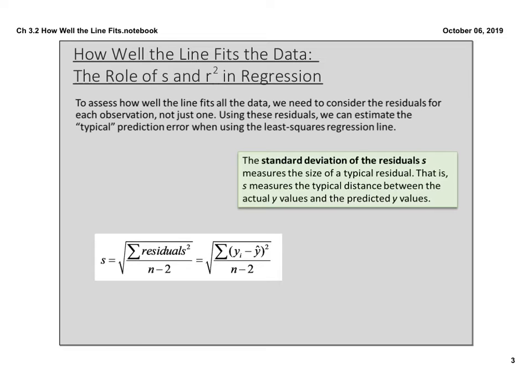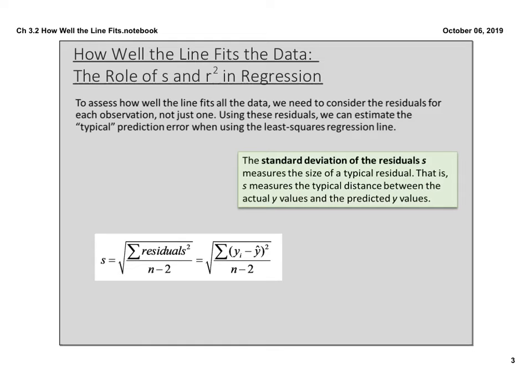One of the values that we're going to look at to determine how well our line fits our data is the S, the standard deviation of the residuals. The standard deviation of the residuals measures the size of the typical residual. So just like standard deviation in a normal distribution measured the typical distance away from the mean, standard deviation of residuals measures the typical residual away from the LSRL.